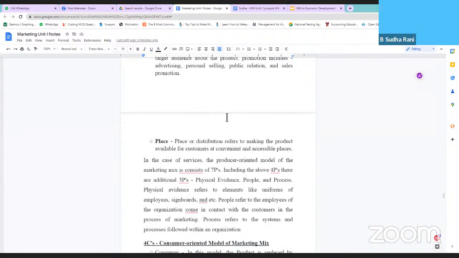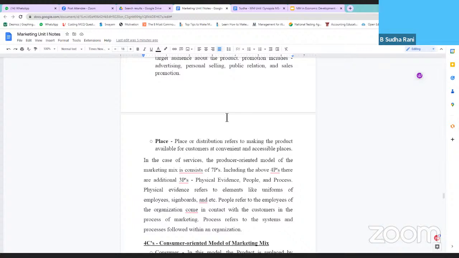In the forthcoming blocks. The next, and the last P, is place. You communicated, you developed the product, you fixed a competitive price, you communicated to your targeted customer about the product, but unless you make sure the product is available conveniently to the consumer, you will not be able to meet your objective of making profits.